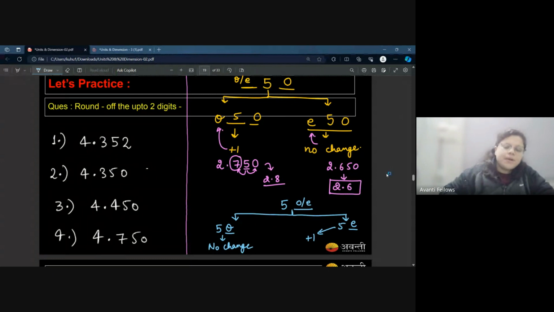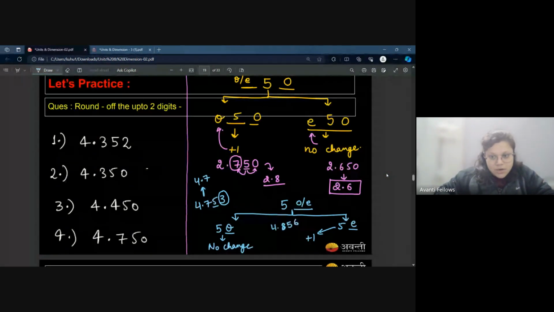For example, you have, let's say, 4.753. After 5, you have an odd number. In this situation, the answer would be 4.7. Here, let's say you have 4.856. In this situation, you will give me the answer as 4.9. Is that okay?